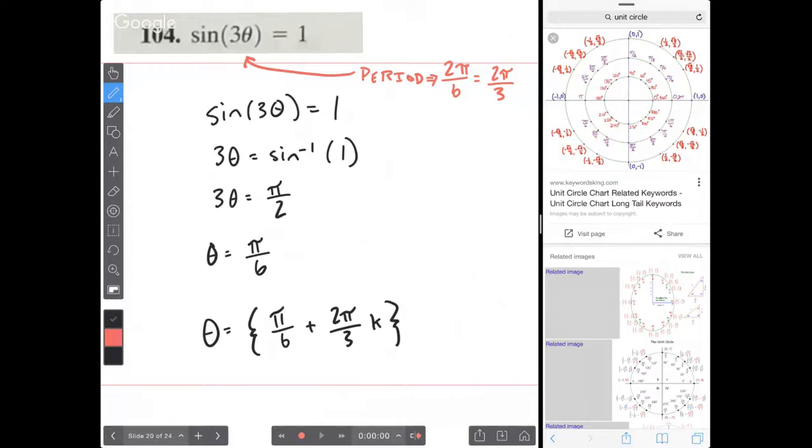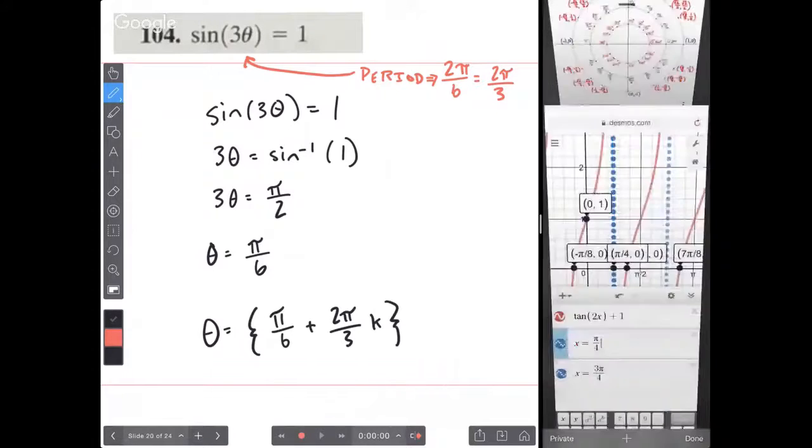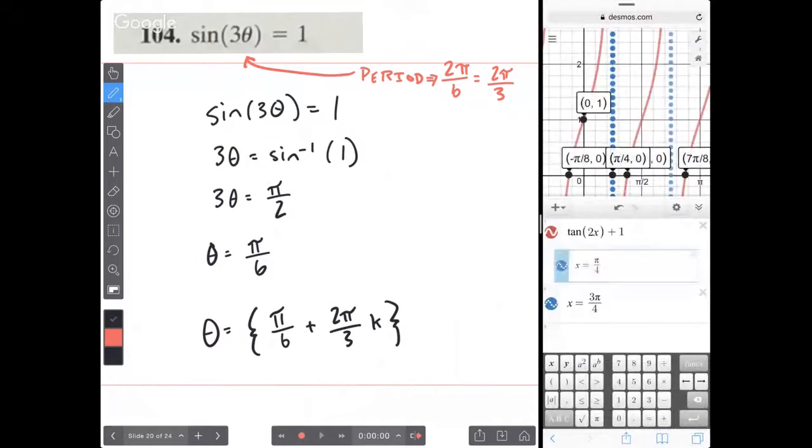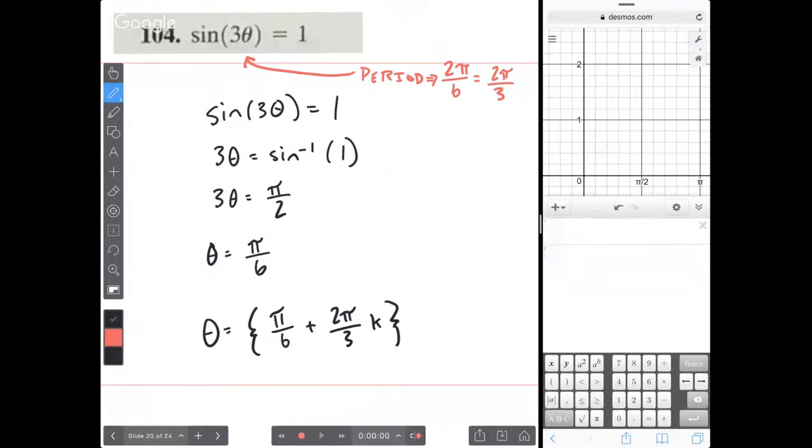If I check it on Desmos, I've got sine of 3 theta, and I want it to equal 1. So here's sine of 3x, and here's y equals 1.